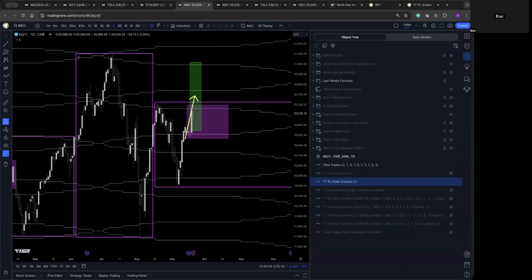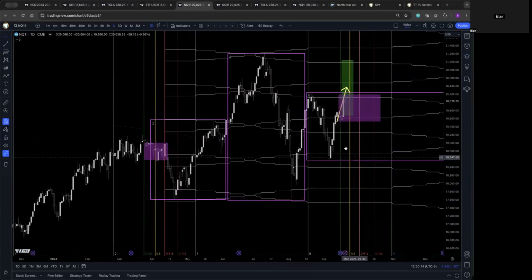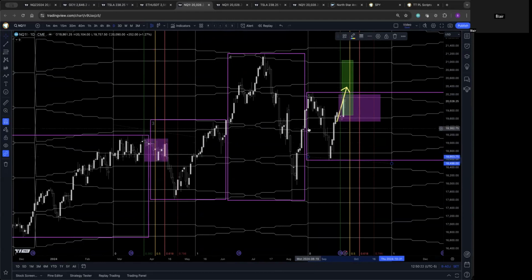So let's take a look at what we can learn from this. Let's subdivide these periods of stuck node speed into fibs and see what we can learn. So if we anchor a fib time zone to the start of this node speed time and the end of this node speed time where it's on the same degree, then we can start to see some patterns.